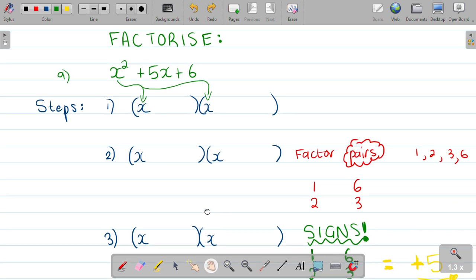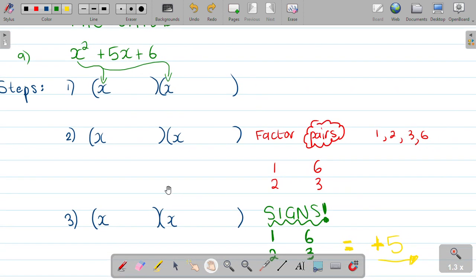Step number two, now we're getting into the more interesting part. So please pay close attention over here. What we do for step number two is we have our two brackets over here, and we take our third term, and we now need to get the factor pairs of the third term.